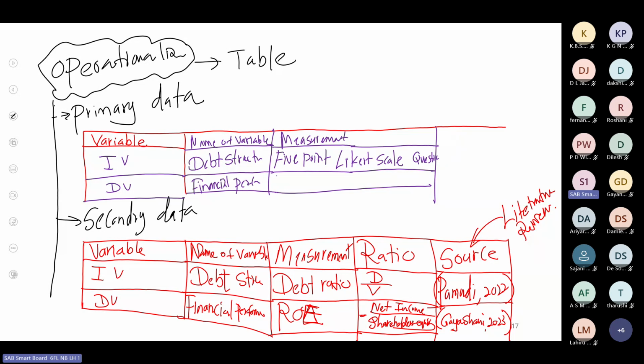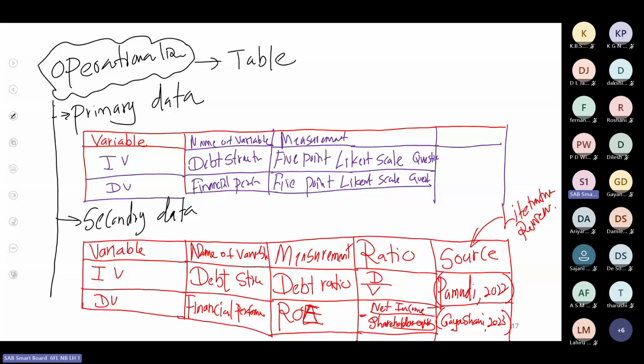Responses, right? 5-point Likert scale questions. Clear? Can you do it on your own? No. Again, this should be tested by someone else. So we mention that as the source.